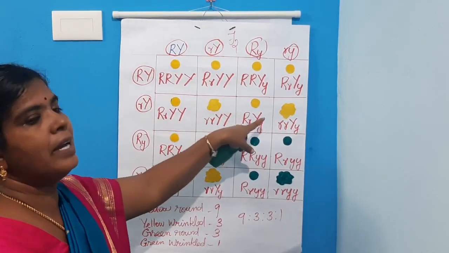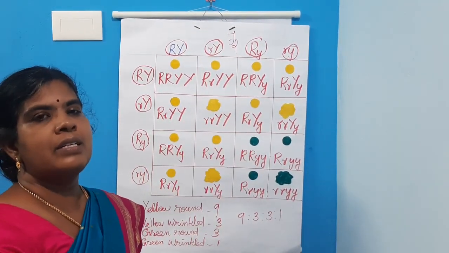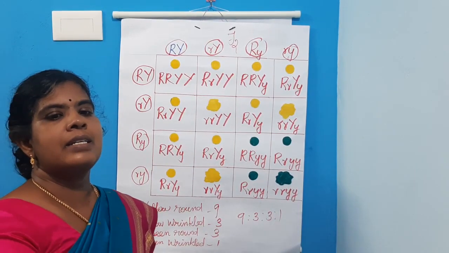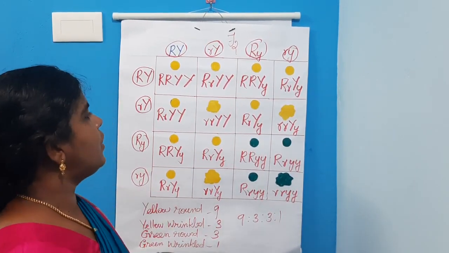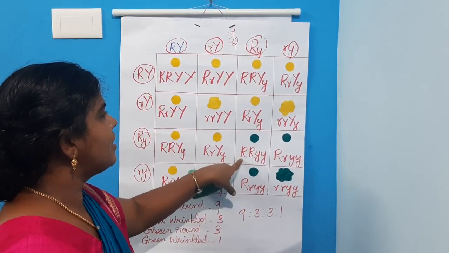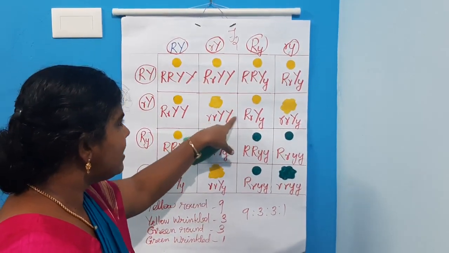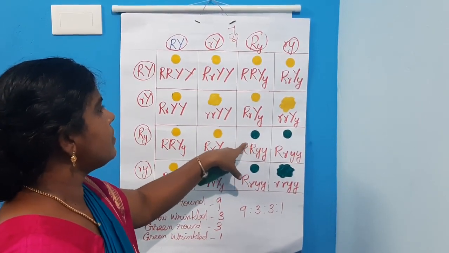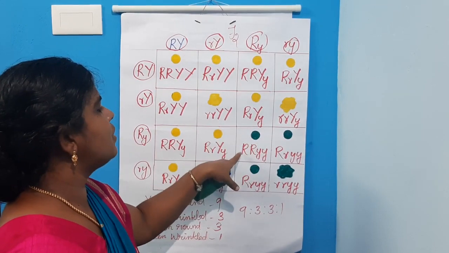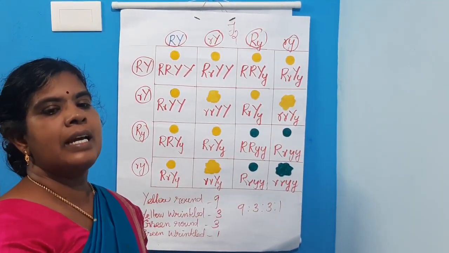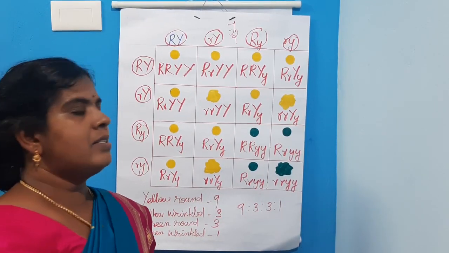Like this, 3 hybrids have 1 dominant and 1 recessive character. Then 3 with another dominant. Here, yellow is dominant. Here, round is dominant. So this is another 3 with another dominant and another recessive.